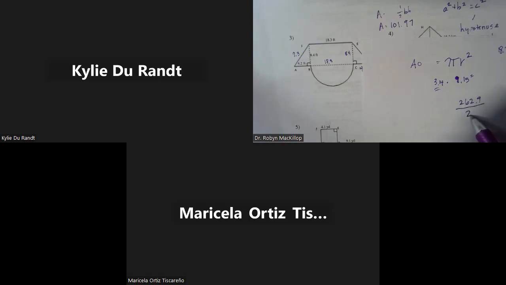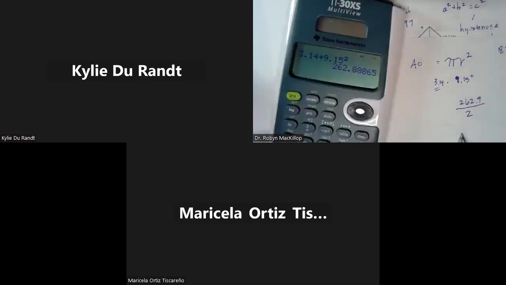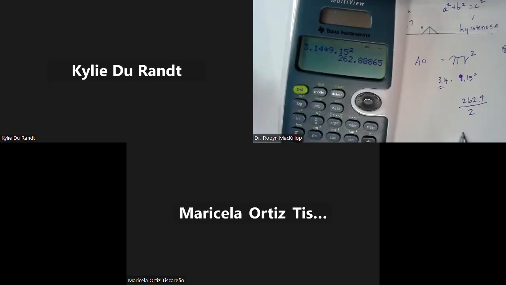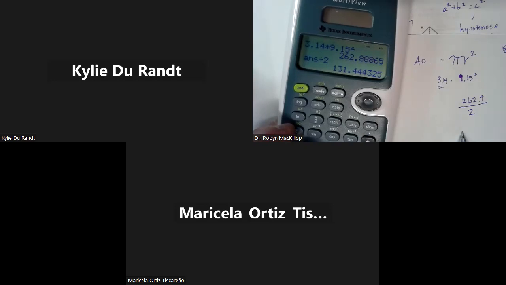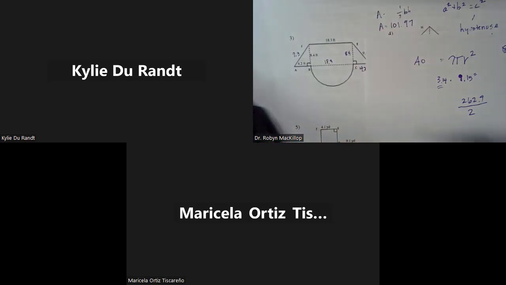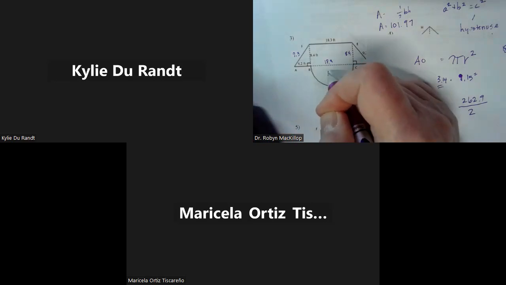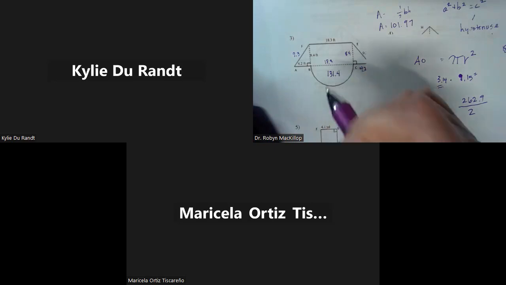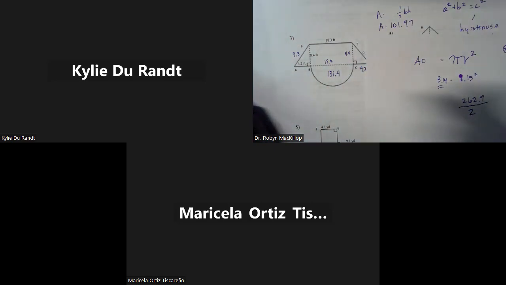We have to cut it in half, don't we? Yes. And we can do it right here. We don't even have to change anything. Divide that by 2. The area of this particular circle is 131.4. All right, so the hardest part is done.